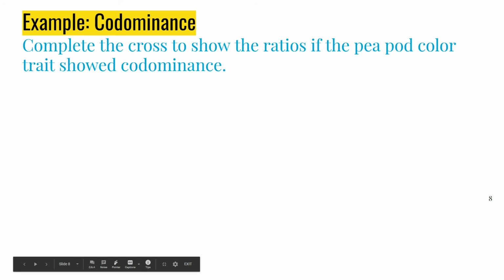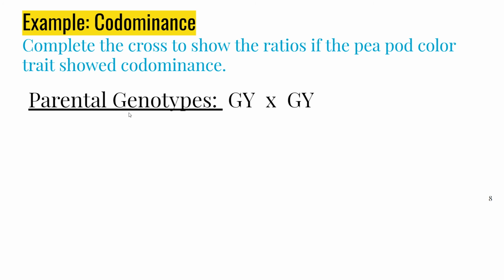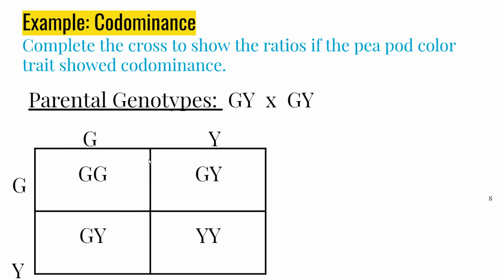The last inheritance pattern that we have to talk about is codominance. Now we're going to complete this cross for codominance and see how it looks a little bit different. Codominance is when both alleles are expressed, but not combined. So it's not red and white make pink, it's red and white make red and white polka dot. They are both expressed in their complete sense.